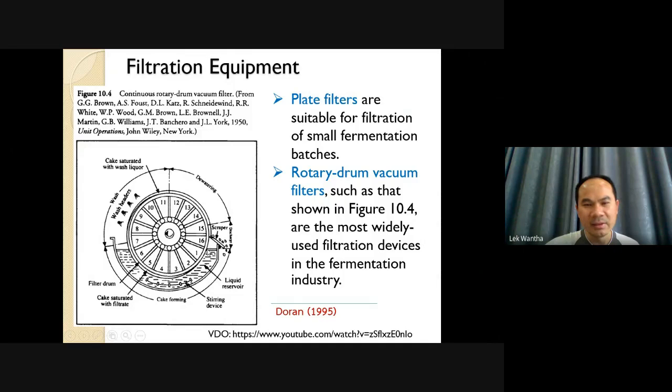It rotates continuously, and we have the filter medium without filter cake, so you can use it again and again. We recycle it in a cycle. That is the filtration zone, washing zone, and dewatering zone. This is more commonly used in the biological industry.